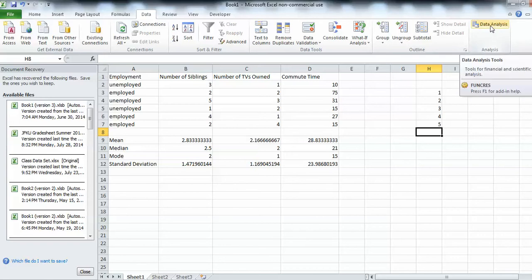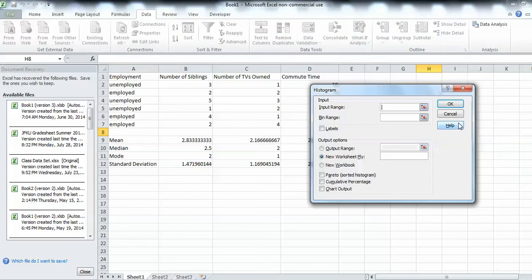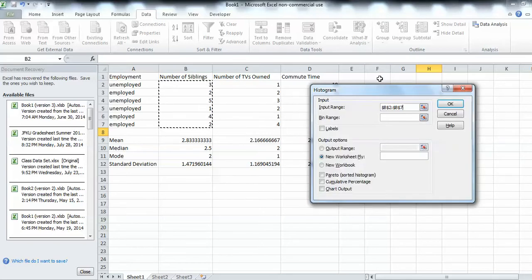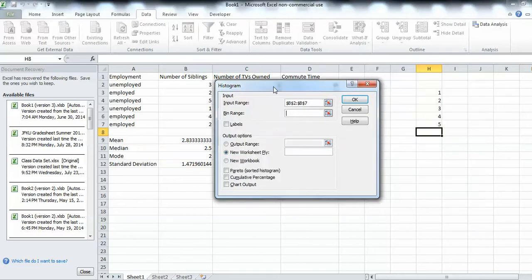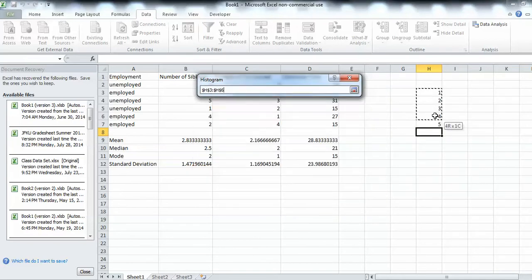So click on data analysis, go to histogram, and click OK. After you do that, for input range, highlight number of siblings, which is the column of data, and then for bin range, right here, highlight the column of numbers that you just made here, 1 through 5.